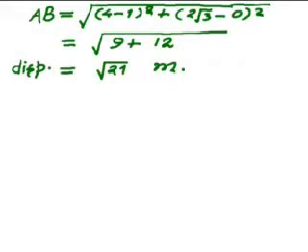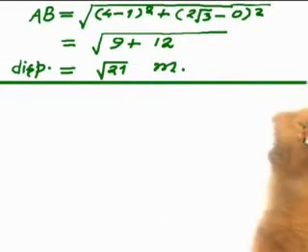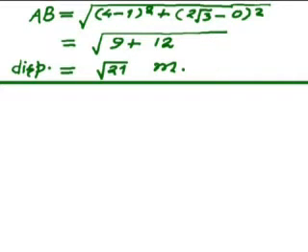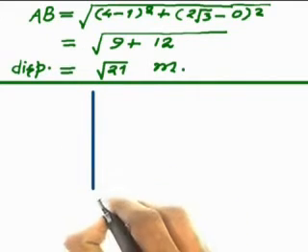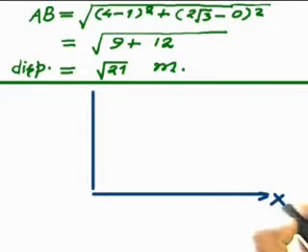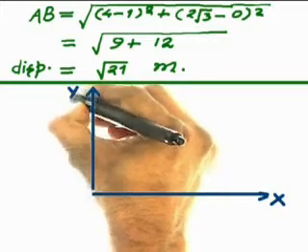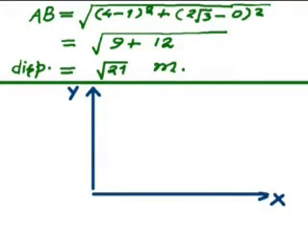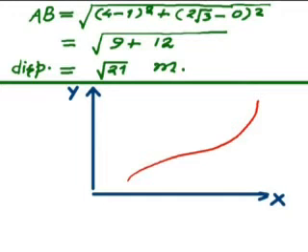Now if we want to get the distance traveled in the same example, then again we have to draw the same curve for the given equation. Here at this side we are taking x, and at this side we are taking y, and the curve is, say, of this type.